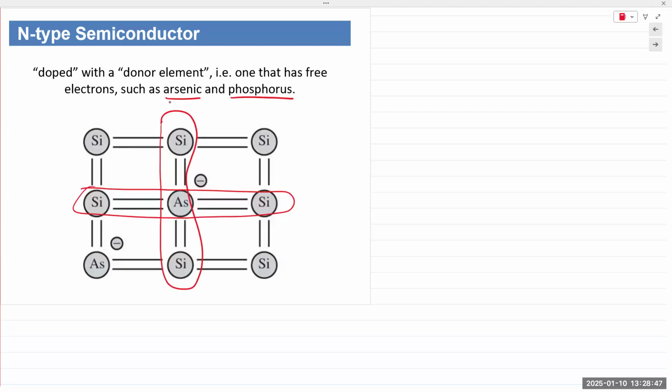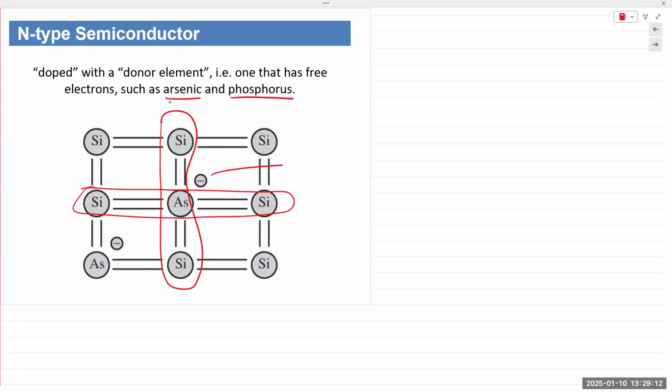So if you're flooding a tiny spot in your semiconductor material with 10 raised to 20 atoms, you now have 10 raised to 20 free electrons, which is a far larger number than 10 raised to 18. Make sense? So you now have that many free electrons.